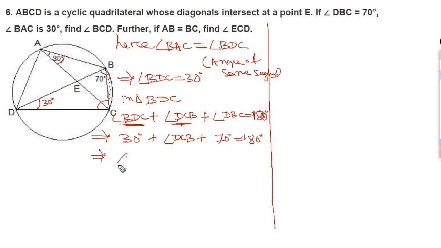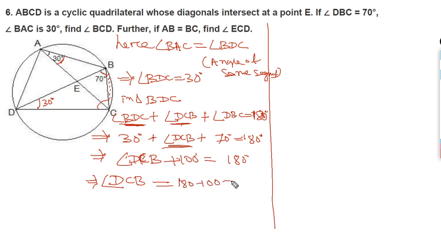So angle DCB plus 100 degrees is equal to 180, so angle DCB is equal to 180 minus 100, which is 80 degrees.